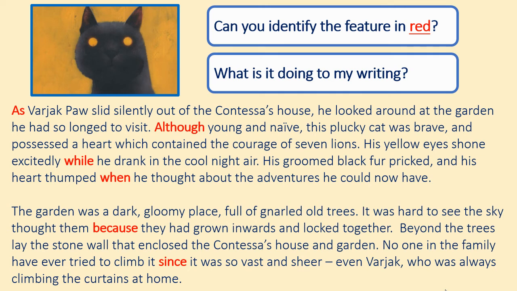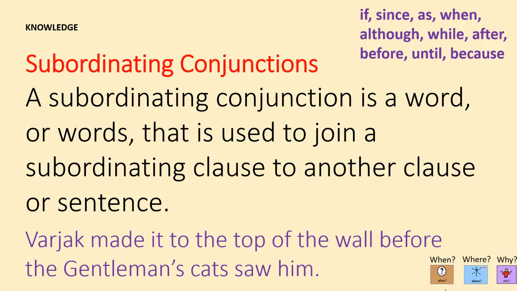Now, let's just remind ourselves here, this feature in red that we had was our subordinating conjunctions. So a subordinating conjunction is a word or words that's used to join a subordinate clause to another clause. And here my sentence is, Varjak made it to the top of the wall before the gentleman's cats saw him. And before is our subordinating conjunction and adds some more detail there. So Varjak made it to the top of the wall. That's our main clause or our main sentence.